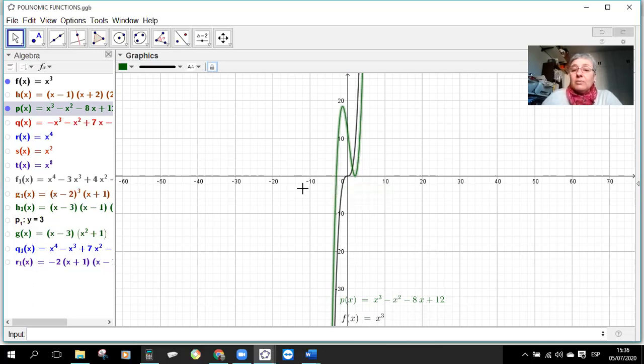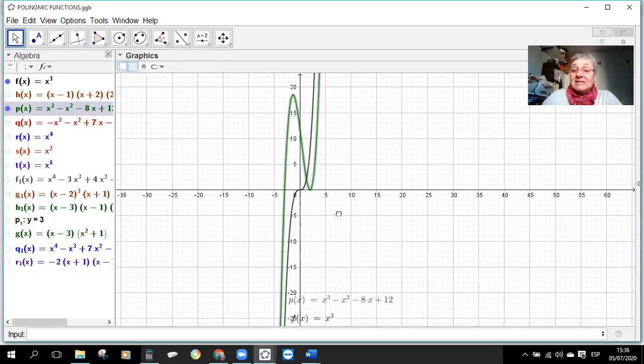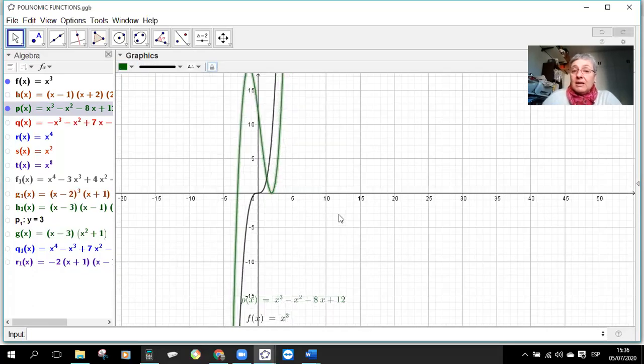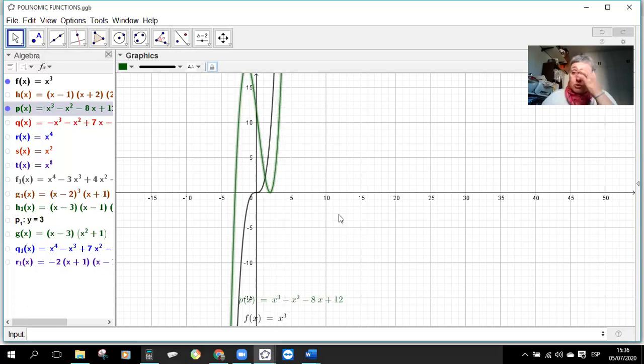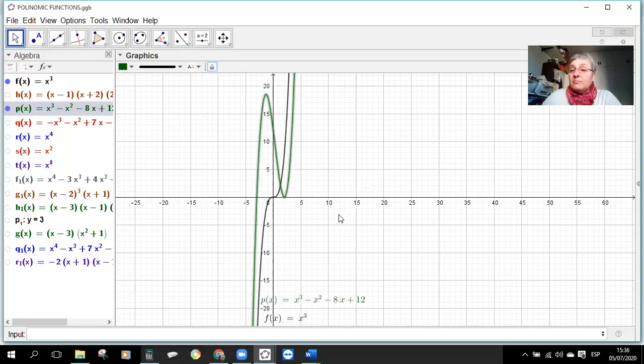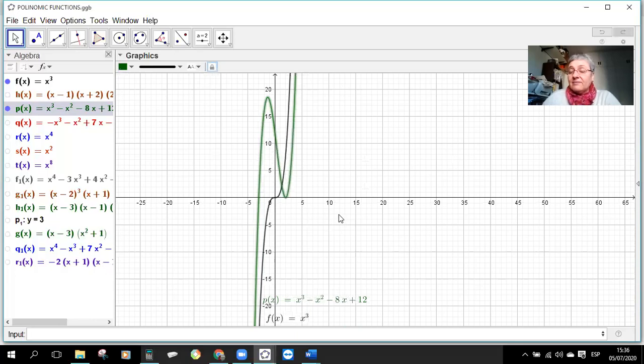So a cubic function can have at the most 3 roots, 3 solutions, or 3 zeros. In general, polynomic functions can have at the most as many solutions, zeros, or x-intersections as the maximum power of x.